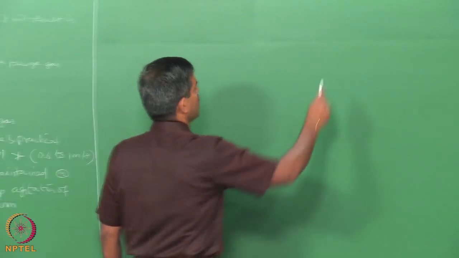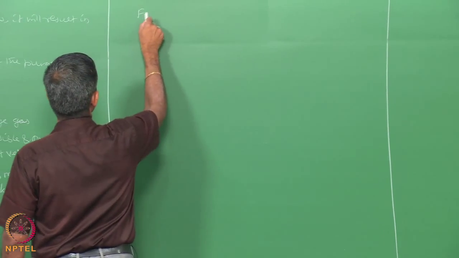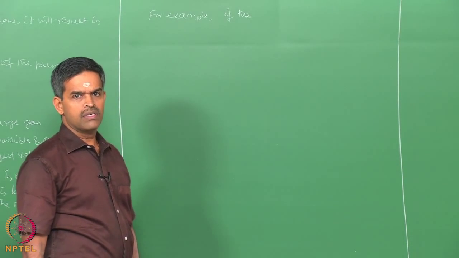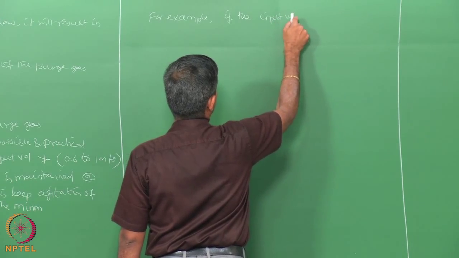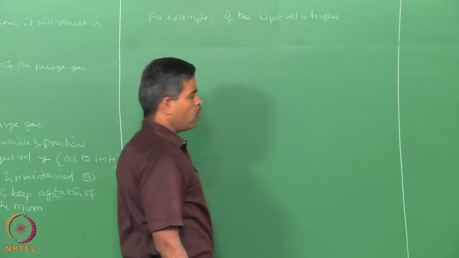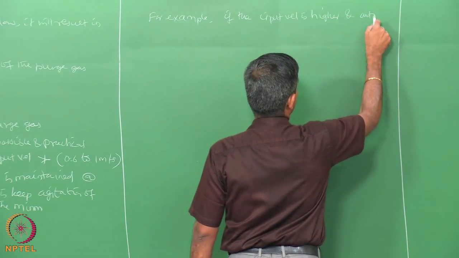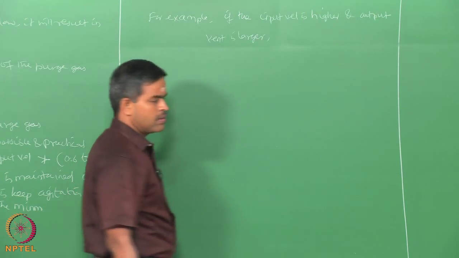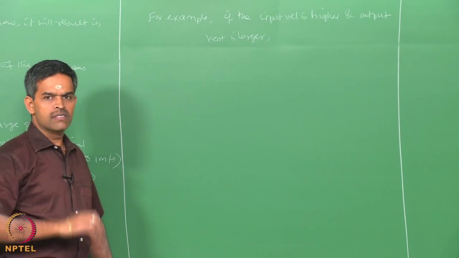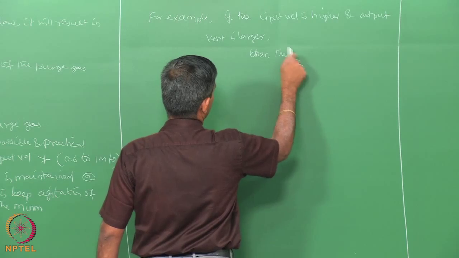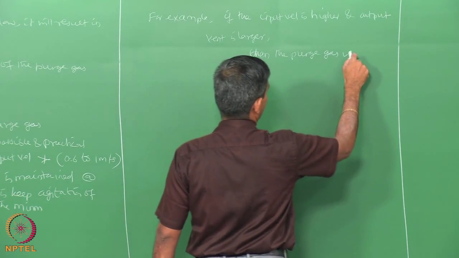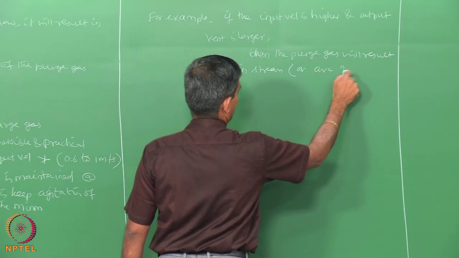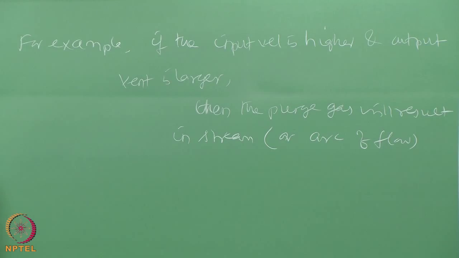For example, if the input velocity is very high and the output vent is very large, then the purge gas will result in a stream of flow, or what we call an arc of flow, from the inlet to the outlet.